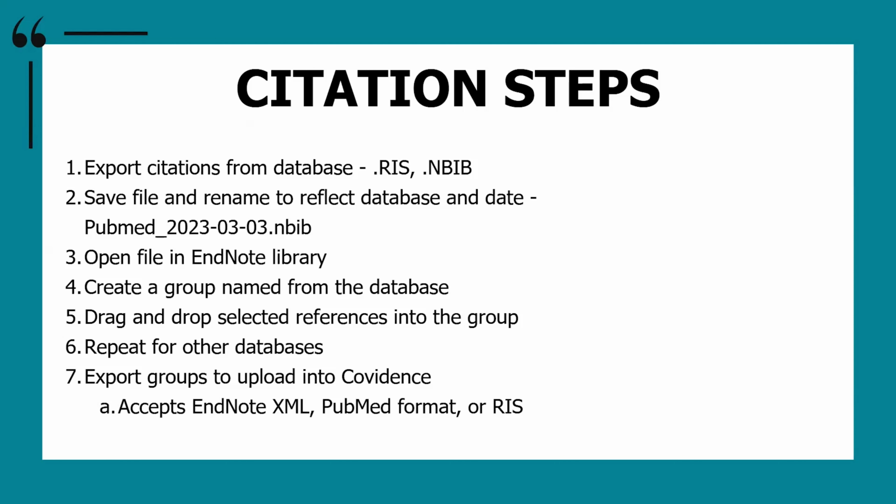As you can see on the screen, I did PubMed and then the date in which I searched PubMed. You can open that file in EndNote, create a group, drop everything into that group, and then you repeat that for other databases. And then you can export the entire thing and upload it into Covidence. And like I said, Covidence will take EndNote files, PubMed formats, or your RIS file.